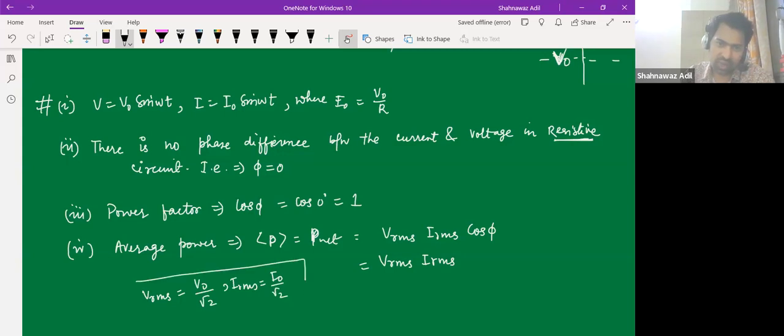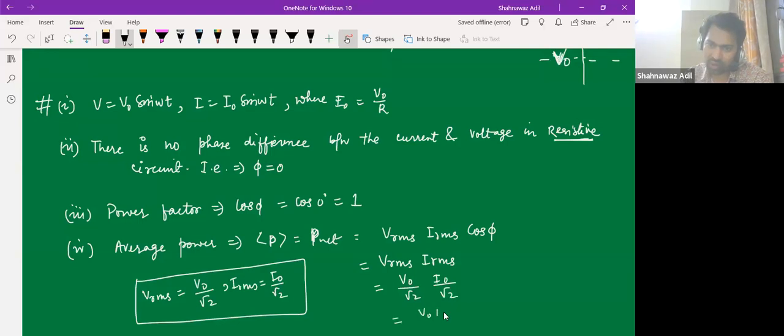These RMS values are related with peak values, right? So this would be V naught by root 2, I naught by root 2. This would be V naught, I naught divided by 2. Root 2 into root 2 is 2. Okay, good.